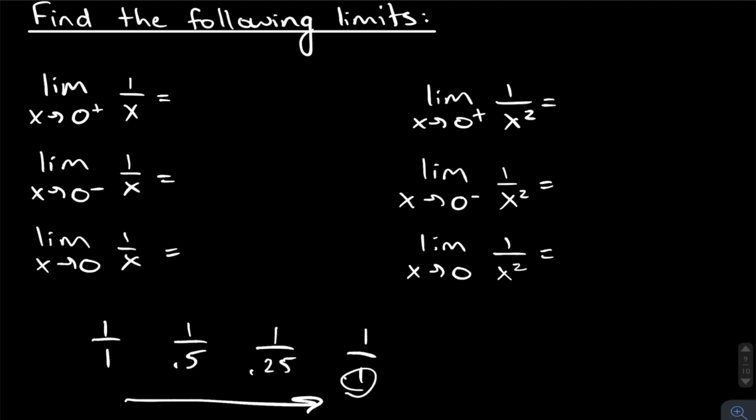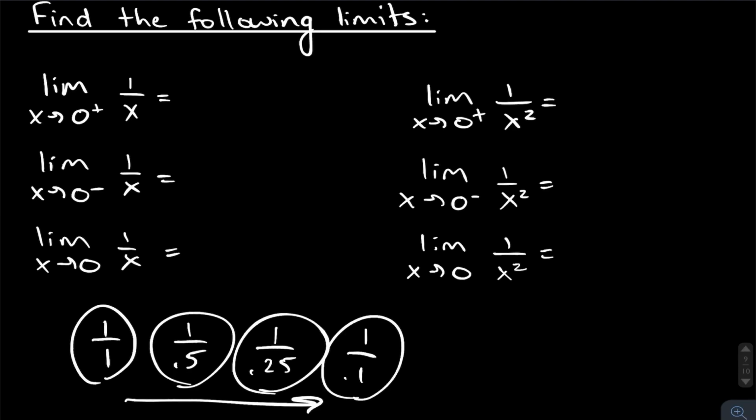It's positive though. And so what that means is that this whole fraction starts to blow up. It starts to get bigger: that's 1, that's 2, that's 4, this is 10, and it just keeps going from there. And so it starts blowing up. This becomes infinity.